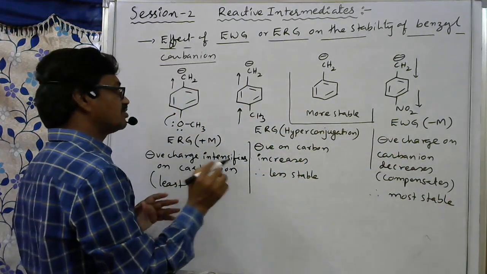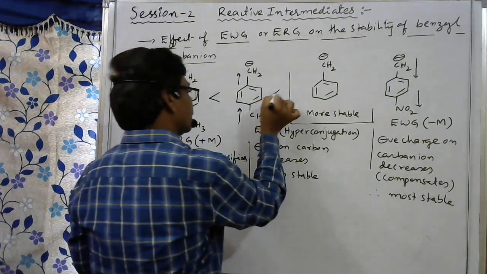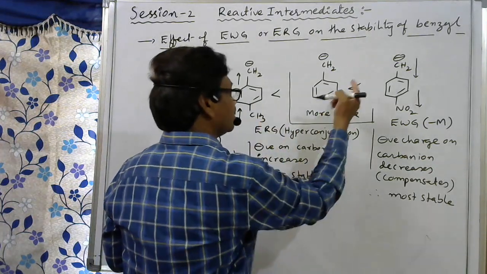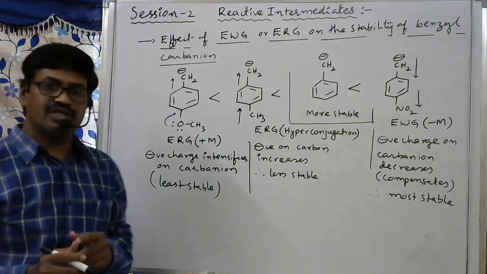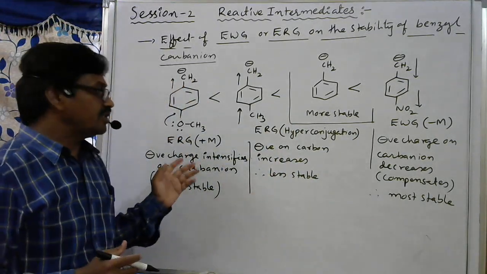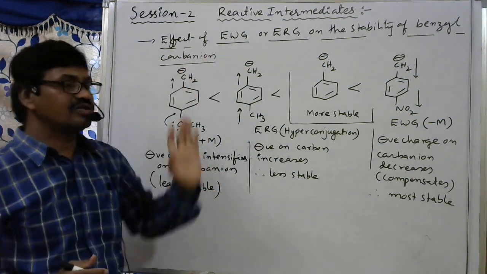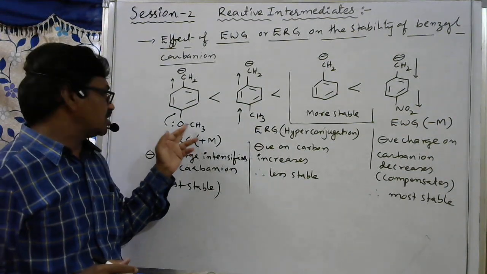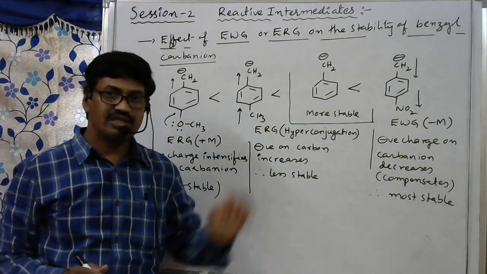So what is the order of stability? You can write now. This is very less stable, then this is more stable than this one, and this is more stable than this. This is the order of stability of different benzyl carbanions based on the groups present at the para position. Here methoxy, here methyl, here there is no group, and there the nitro group.